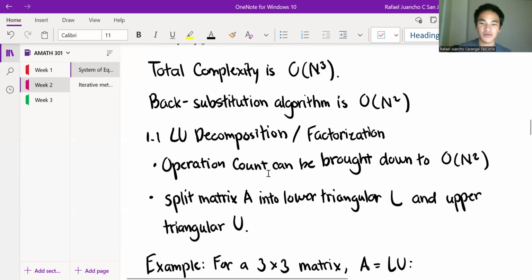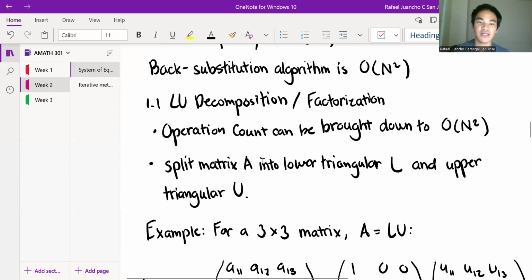And apparently, when we do this, we decompose A into two matrices, mainly a lower triangular and an upper triangular matrix. And its computational complexity has been brought down to O of n squared, which is significantly lower compared to just using the Gaussian elimination algorithm.